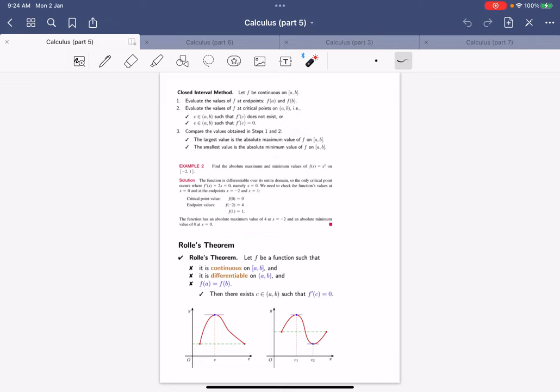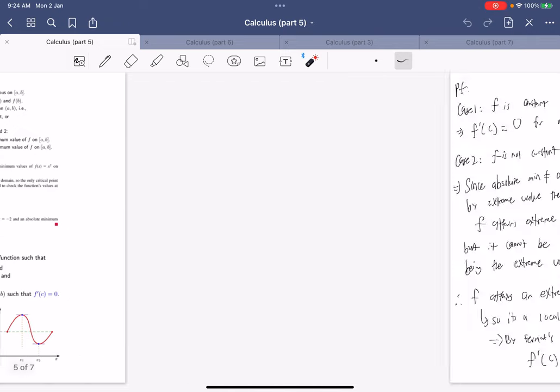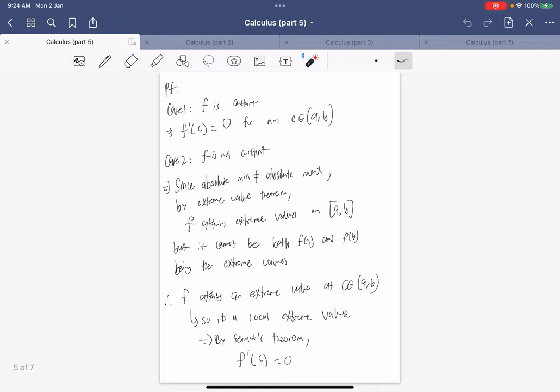So the idea is to capture this turning point, and the proof follows that if it's constant, f'(c) is 0, so we can take that out. And if it's not constant, the absolute min cannot equal the absolute max. If that were so, then every value inside is the same, and then it's constant. But since it's not constant, the absolute min does not equal the absolute max.